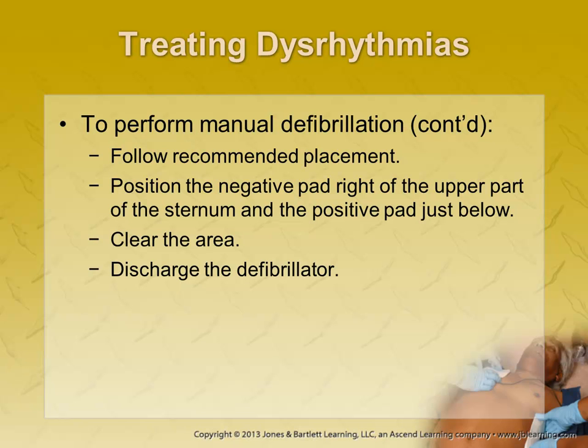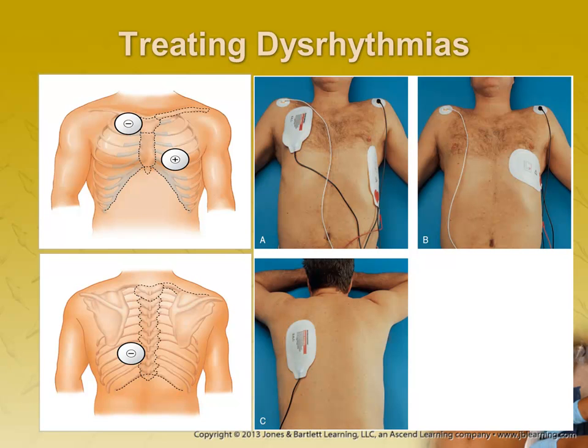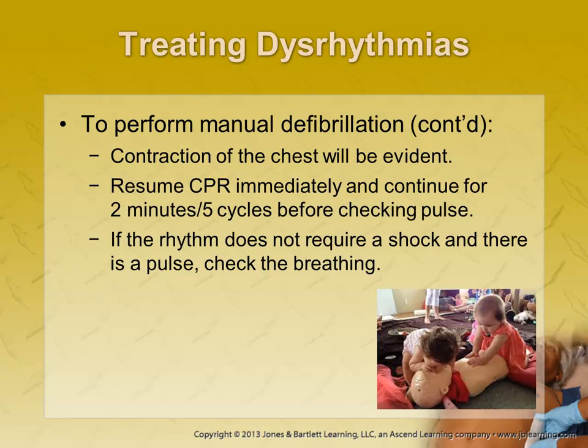Y'all know how to manually defibrillate. These are your placements. Now, it's being more and more accepted to do an anterior-posterior placement. We do that a lot in the hospital now, but generally it's going to be your mid-clavicular, left mid-axillary. Duh, we got that.